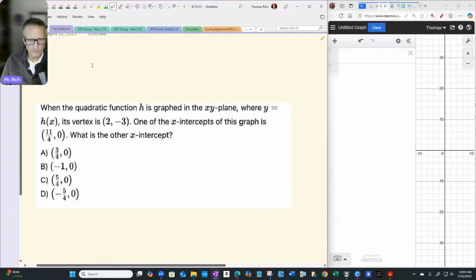One of the x-intercepts of this graph is (11/4, 0). What is the other x-intercept?